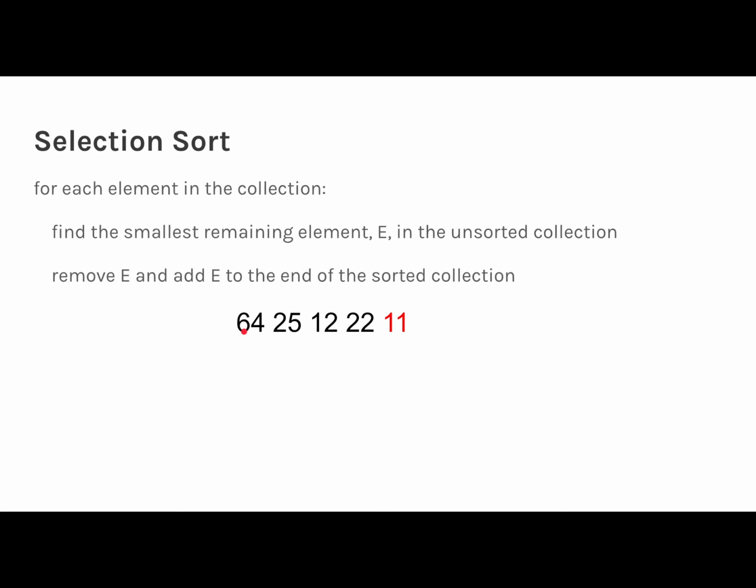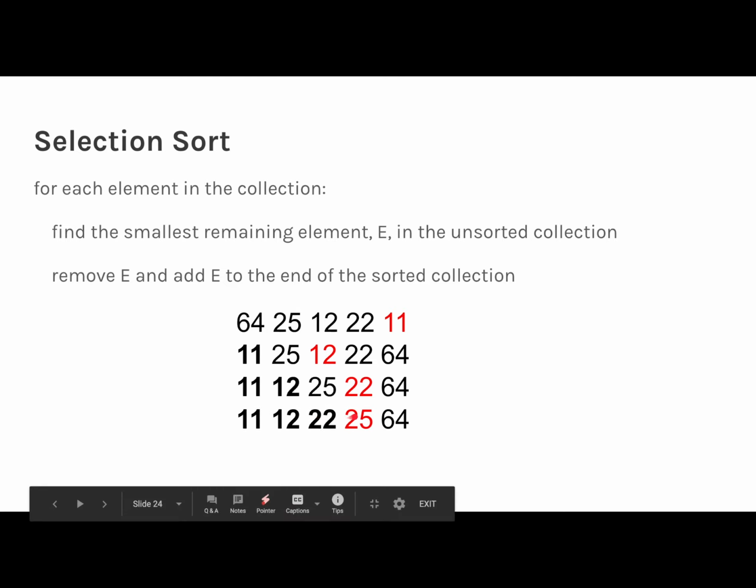So we're going to swap 64 and 11. Okay, like that. And then the next step is finding the next smallest remaining element, which would be 12. So we moved 12 here, and we swapped it with the 25. The next smallest is 22, move that here, then it's 25, and then it's 64. So then we get a sorted array at the end.